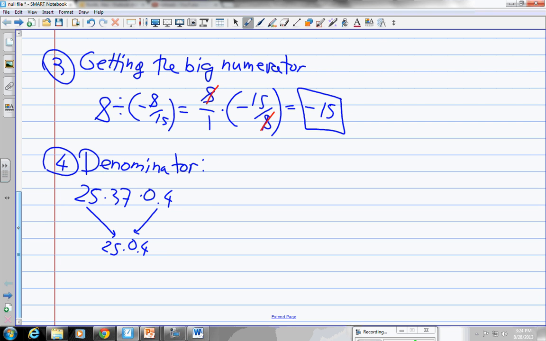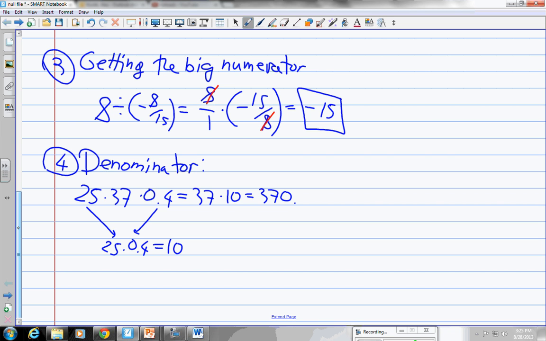Do you see how that's 10? It's 25 times 4 is 100, move a 0 back. Well, then this whole problem becomes 37 times 10. And that's 370. So that makes it a whole lot easier.